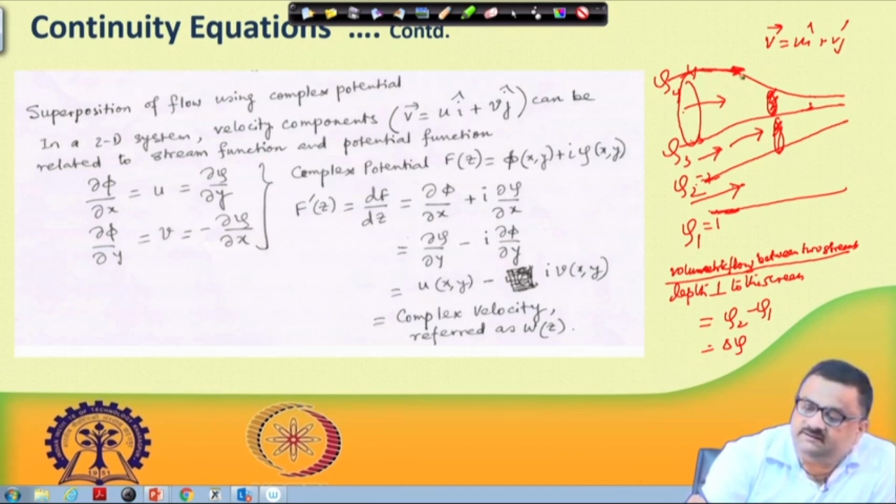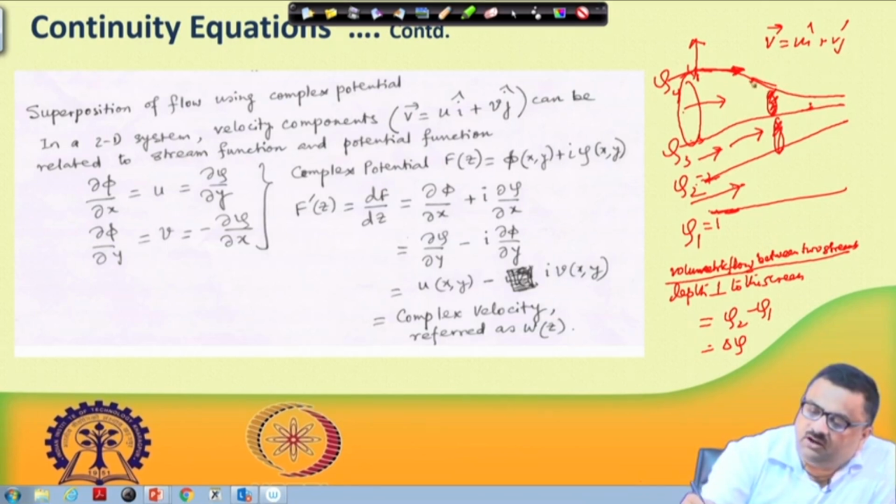So, if this is the resultant, you cannot expect any component existing perpendicular to the resultant. In every point this is true, that means the tangent to this line and the velocity direction coincide. So, you cannot expect any component existing perpendicular to this.